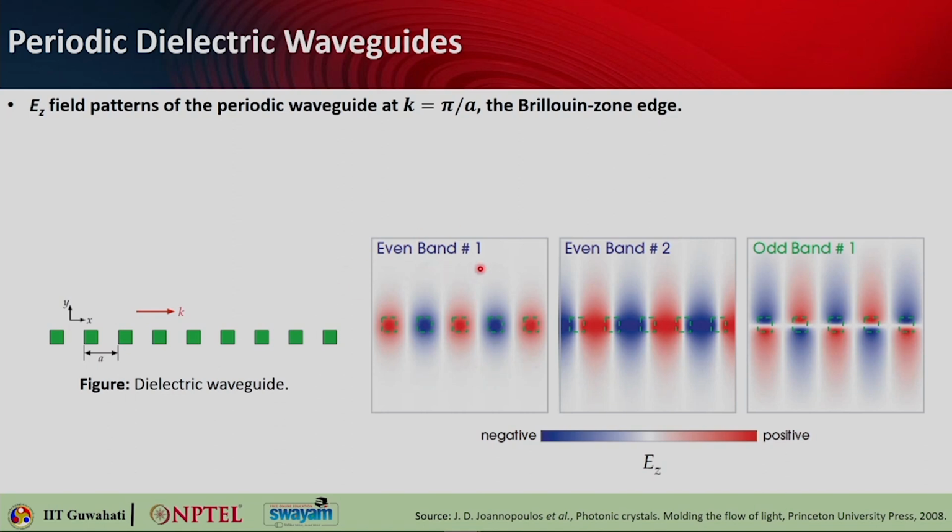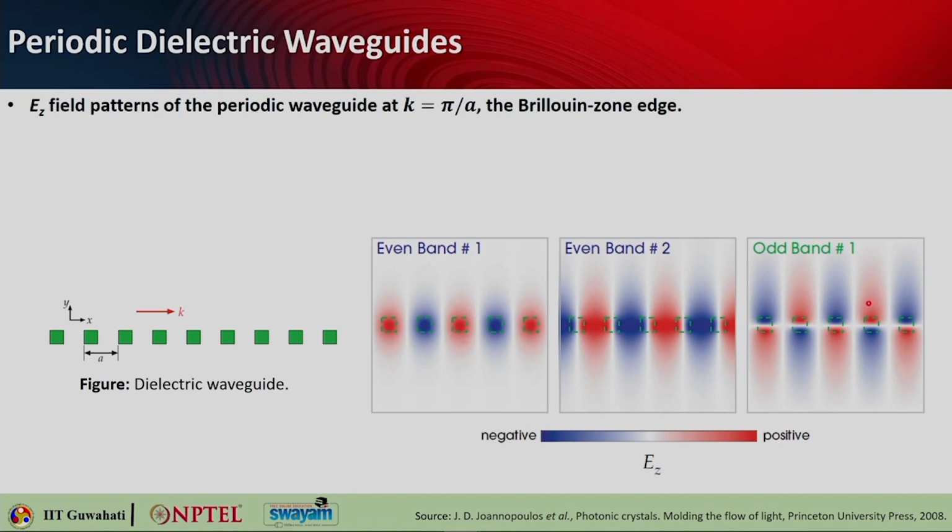So you can call this even band 1. In this case also, if you take the y equals 0 plane and compare the top and bottom, they are symmetric, so that is also even. You can call it even band 2. This is band 1, this is band 2: this has 1, 2, 3, 4 nodes, and this has 1, 2, 3, 4, 5 nodes and so on. So it has more nodes and higher energy, while this is the lower fundamental mode.